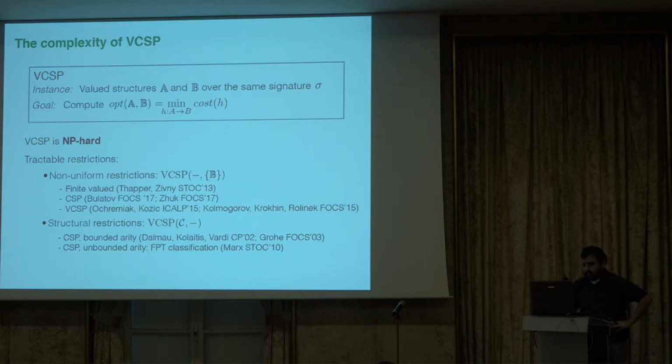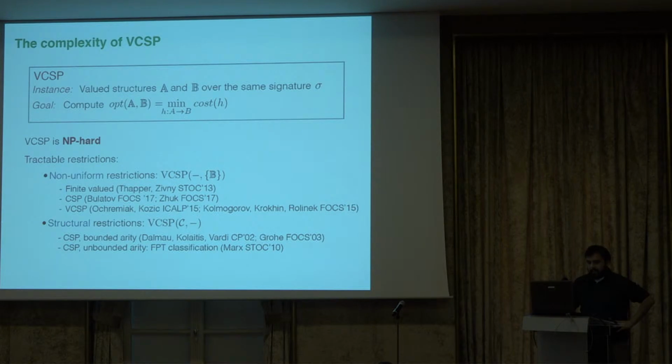In this case, for CSP and the case of bounded arity, the situation also is very clear. It means that we just look at classes of bounded arity, where the arity of all the relations we see in the structures in the class is bounded by some constant. That case is clear.